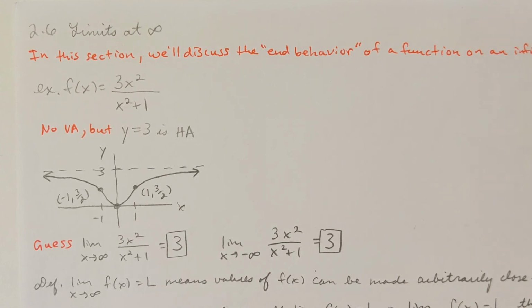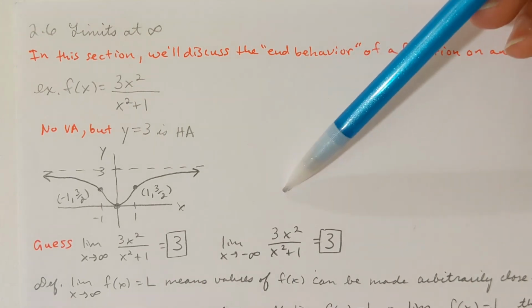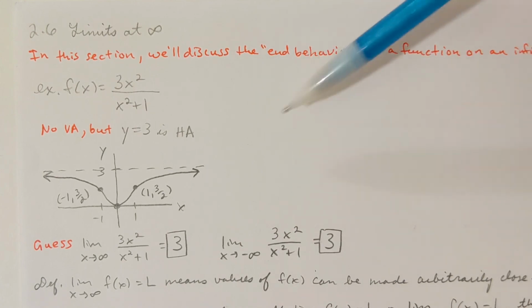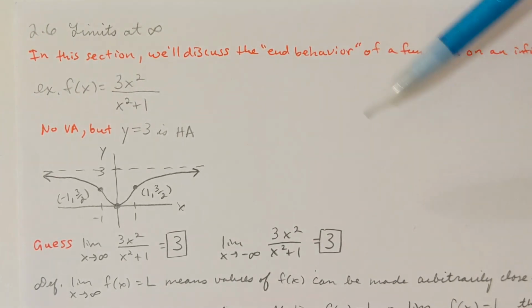So with an infinite limit, the value of the limit was either going to be infinity or negative infinity, or does not exist. You know, if you have a vertical asymptote and the curve is shooting off in two different directions there, you'd have a limit that does not exist. Okay, so take note of that.